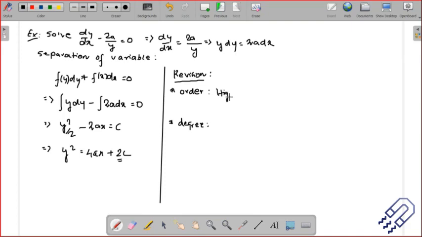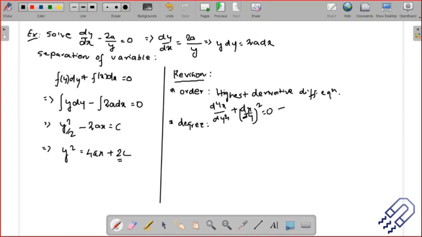When we say order, this is actually the highest derivative. DIFF means differential, not difference. Please make it clear. If I write down, let's say, an expression here, maybe d4x by dy4 plus dx by dy to the power 4 or 3 or 2, maybe, is equal to 0.